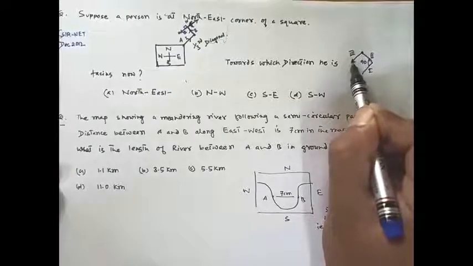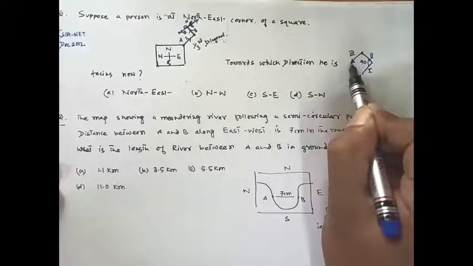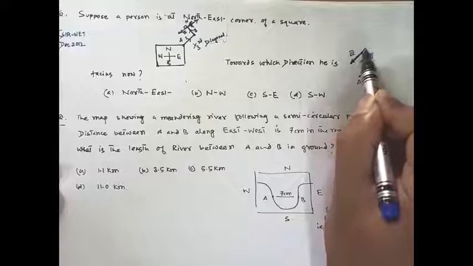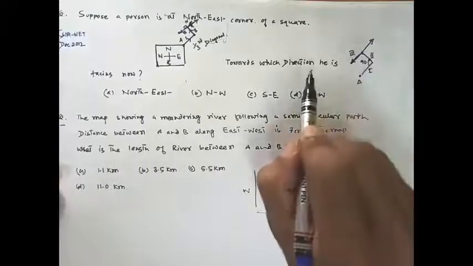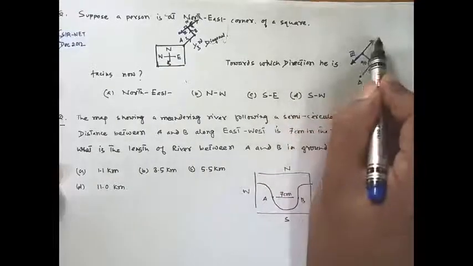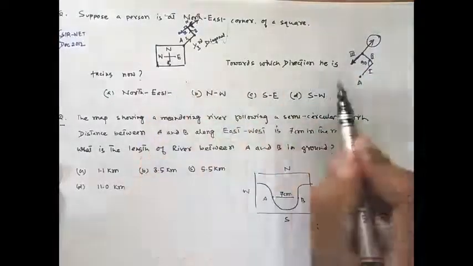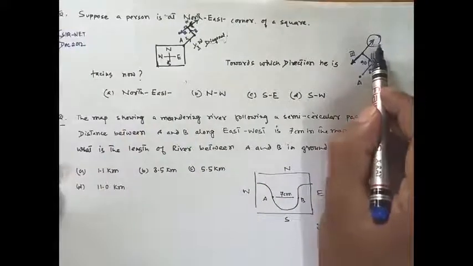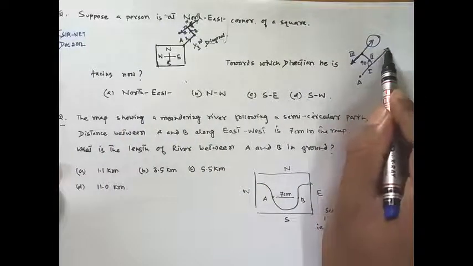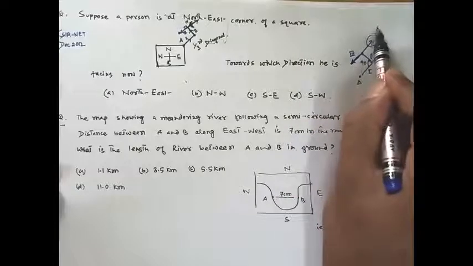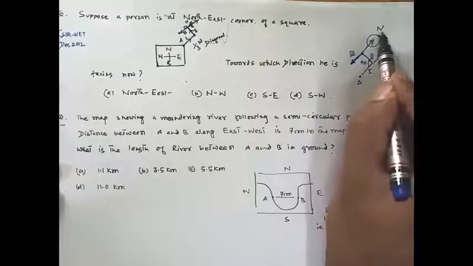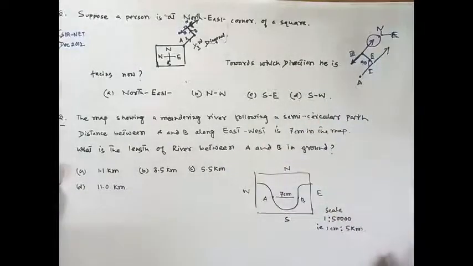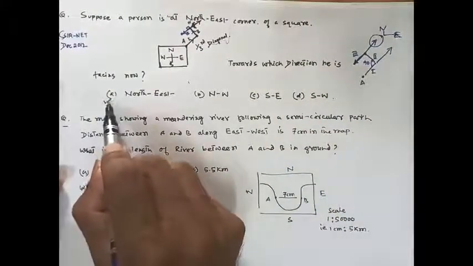Again after some distance he stops and takes a 180-degree clockwise turn, and along this direction he starts to move. So what will be this direction with respect to this square? This would be along the direction of the diagonal, along the north and east corner. So out of these, which option will be correct? Option A will be correct.